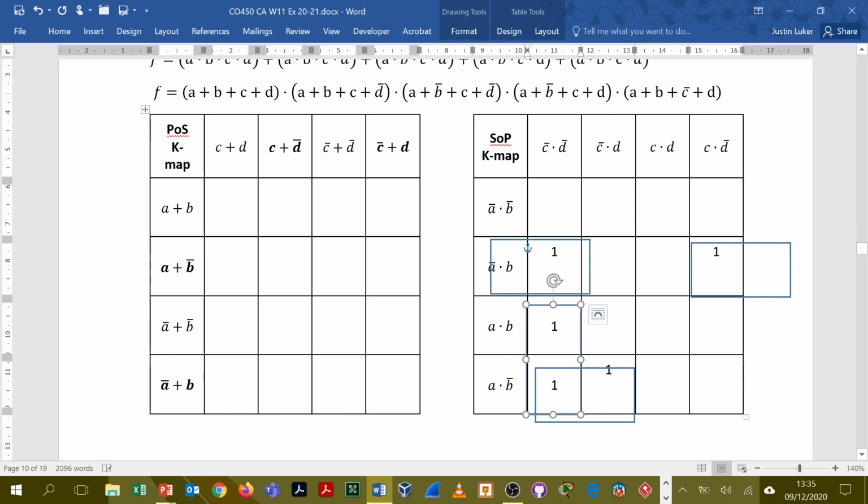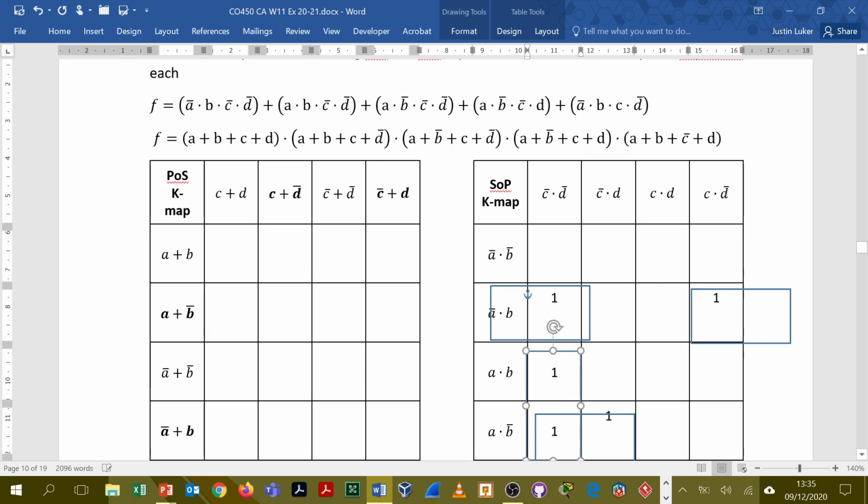There we go, I'd end up with groups like that. So I'd end up with 3 groups of 2, which isn't the greatest prime implicant grouping you could set, but it's some simplification. You had 4 originally, and now you've got 3 groups of 2, so that's a simplification of a sort.